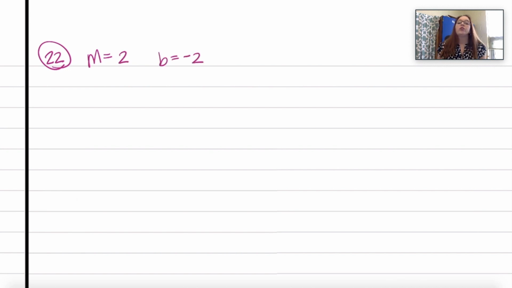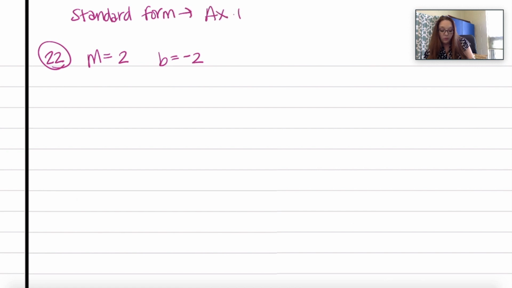Okay, so your task is to write this equation in standard form. Standard form looks like this: ax plus by equals c. No fractions allowed, and a can't be negative.